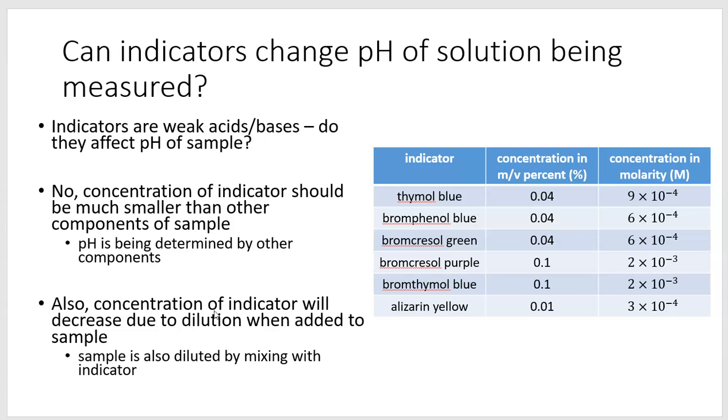But a lot of times you'll be putting 2 or 3 drops of an indicator in like 10 or 20 milliliters. A drop's about 20 microliters, which is a 50th of a milliliter. So 1 drop in 10 milliliters is about a 1/500th dilution, and so lots of times these concentrations are very low.